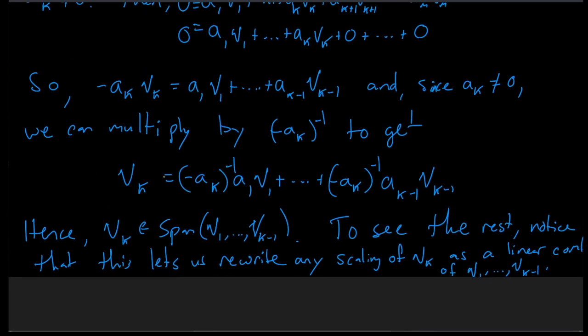That is, if you take the span of v1 through vm, notice you can get rid of any part that comes from vk and rewrite it in terms of v1 through vk minus 1.